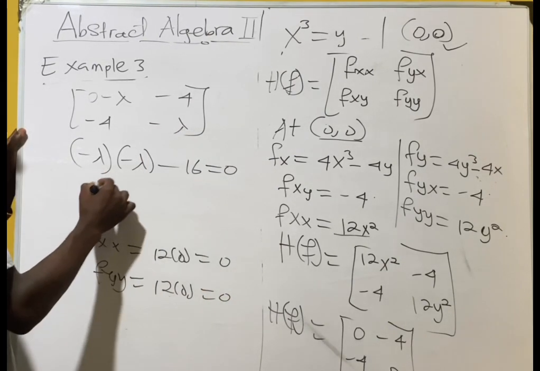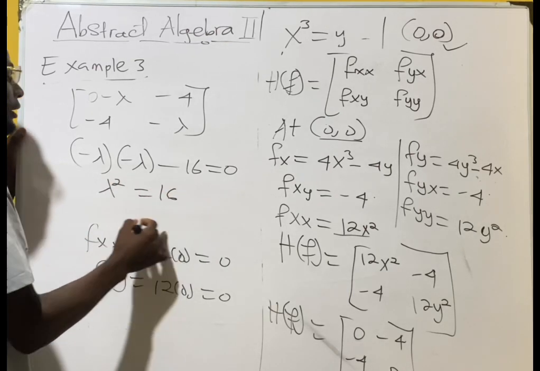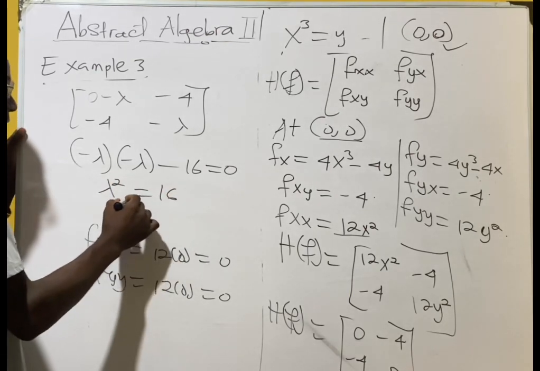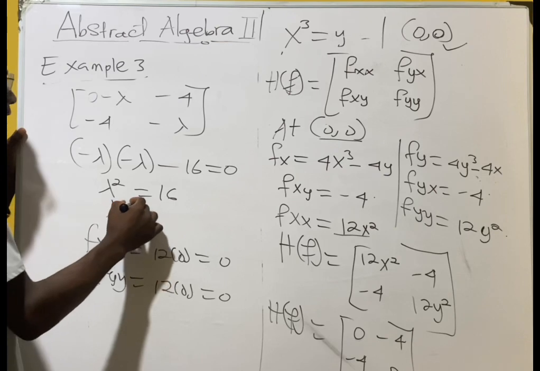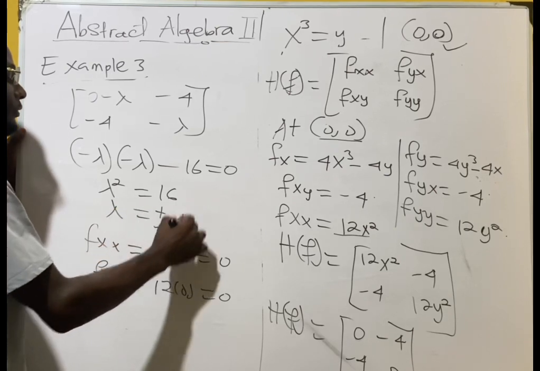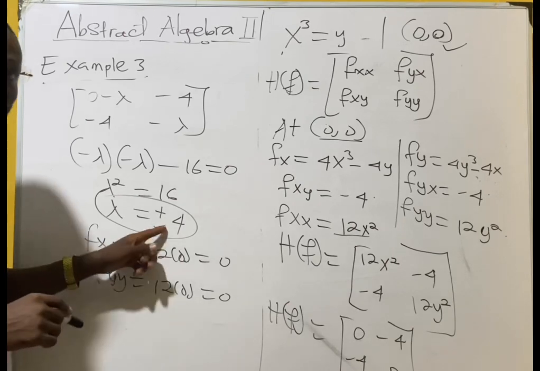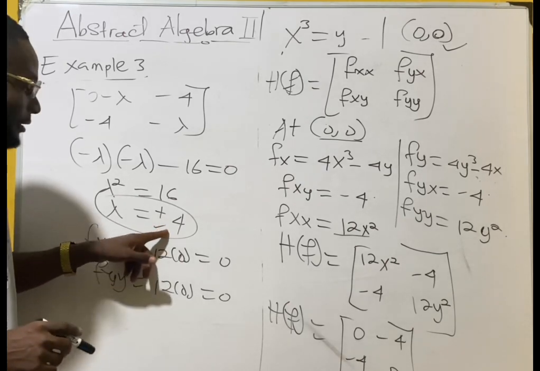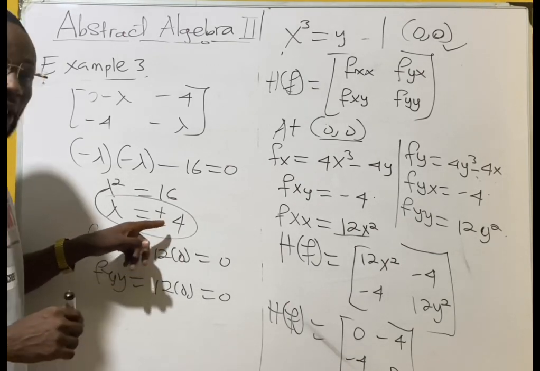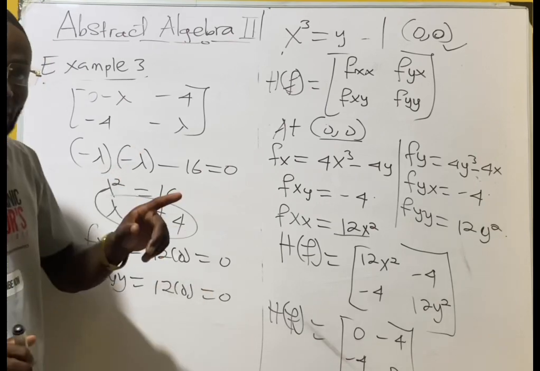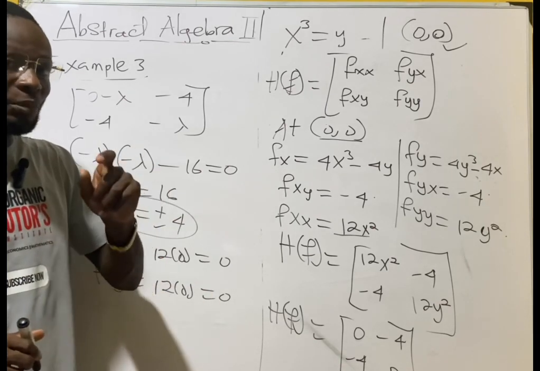So lambda squared equals 16, which means lambda is equal to plus or minus 4. So our eigenvalues are plus or minus 4, which means that at (0, 0) we have a saddle point.